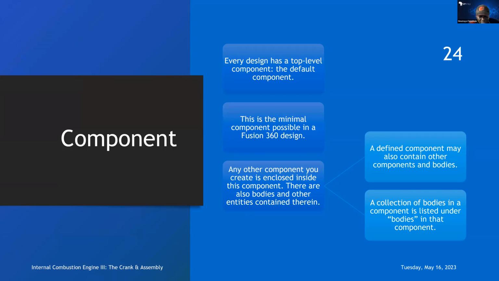A component can enclose bodies, sketches, construction geometry, and many other things. All of them are contained inside a component. A defined component may contain other components and bodies. A collection of bodies in a component is listed under the bodies in that component.